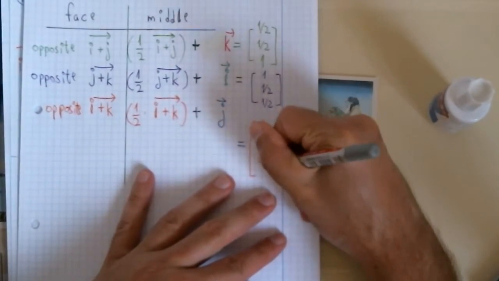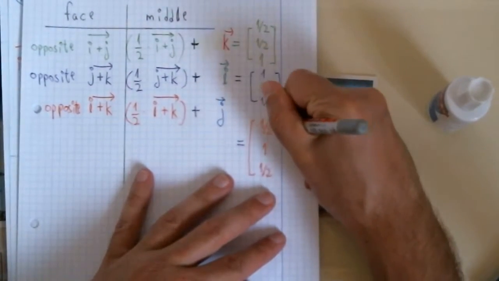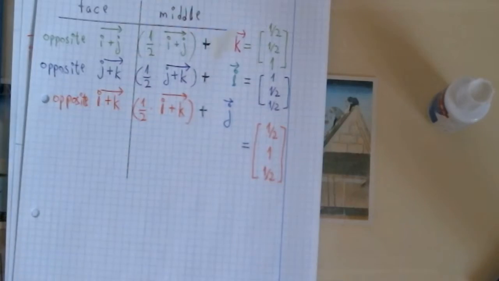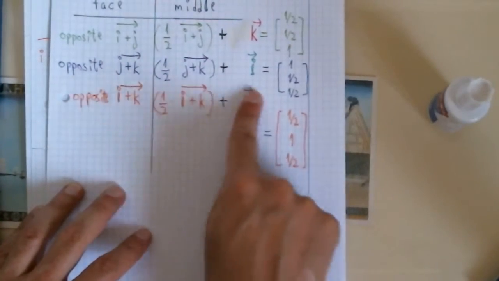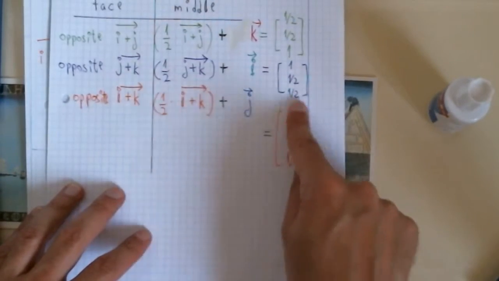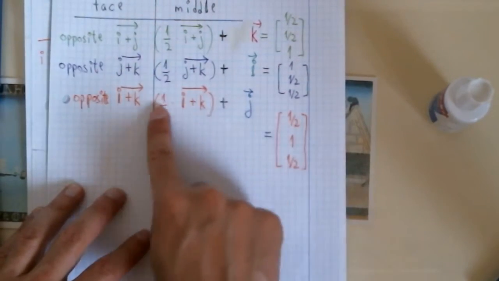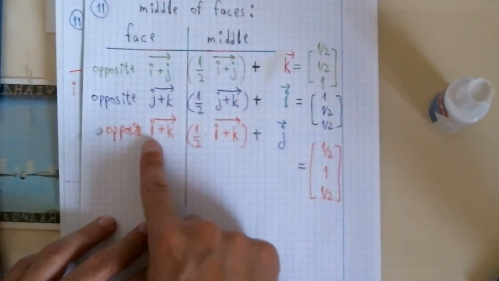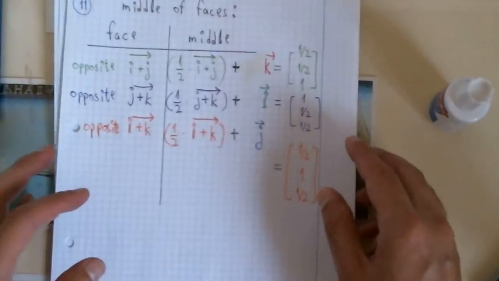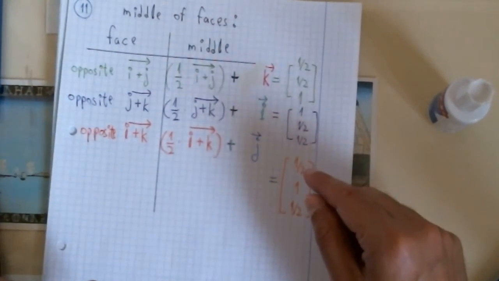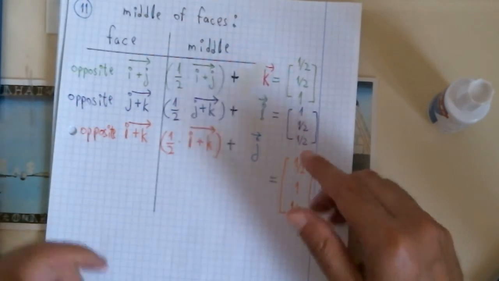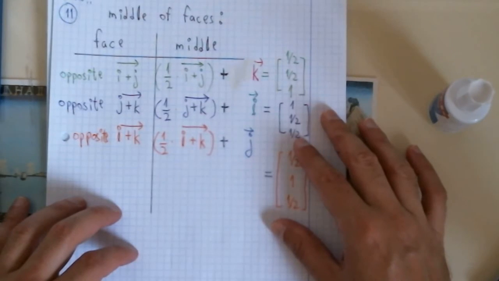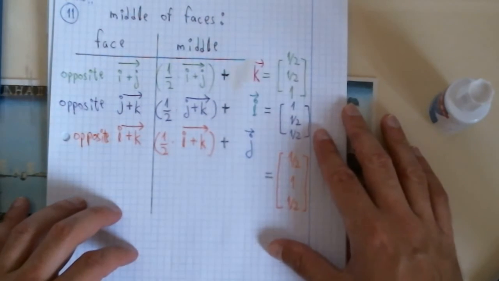This is the vector, the middle of the opposite face of i plus k, the center point. So that was question 11. Thank you, goodbye.